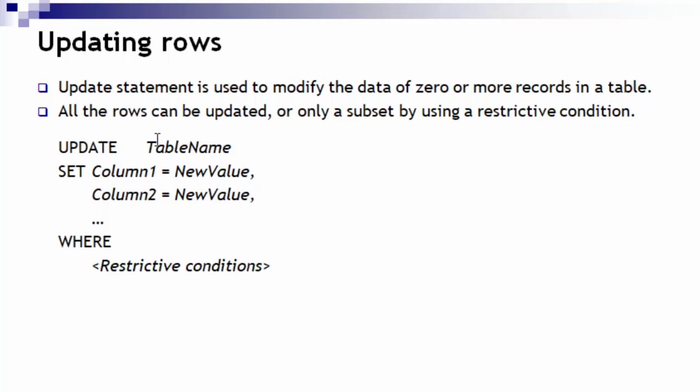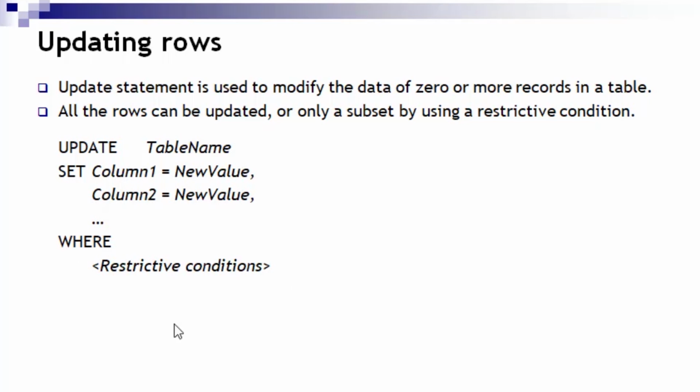Okay, so update the name of the table, then set column 1 equal to some value, column 2. Now column 1 represents the actual name of the column. That could have been first name or price or unit price or quantity.